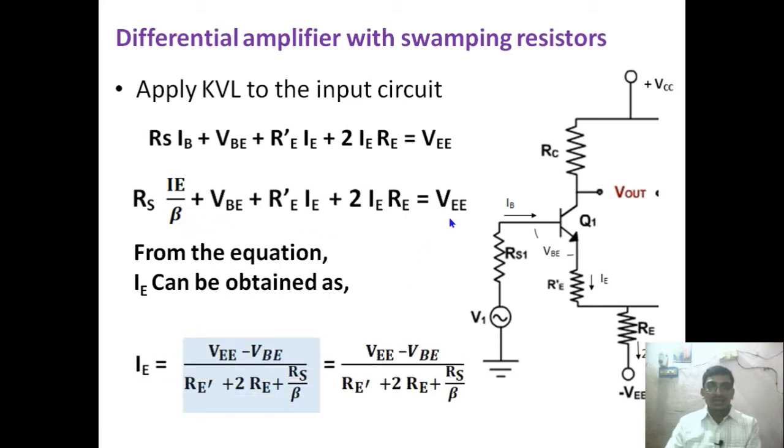IE is equal to VEE minus VBE by the remaining terms, RE dash plus 2RE plus RS by beta. Okay, so this is what we got. And one more thing, we know RS by beta is a very small value, hence we can neglect it too.